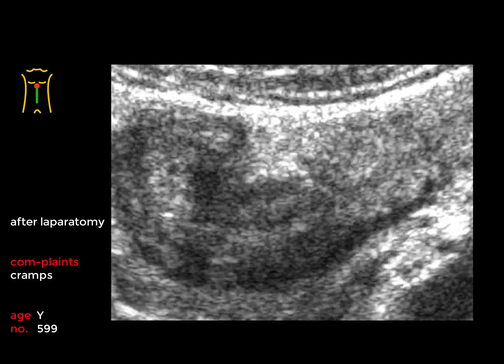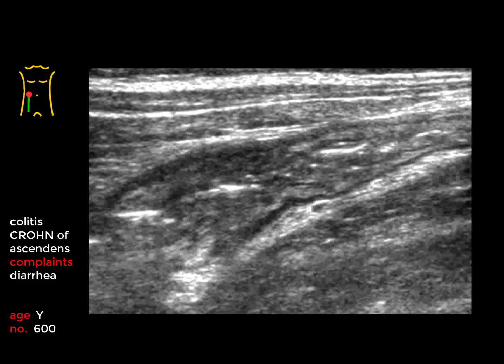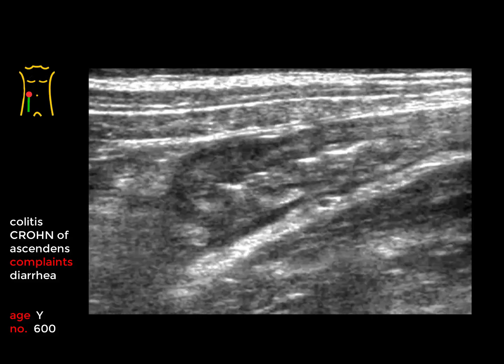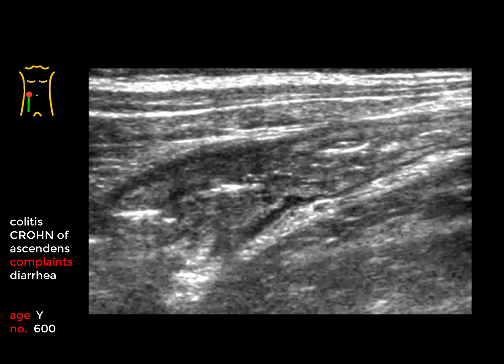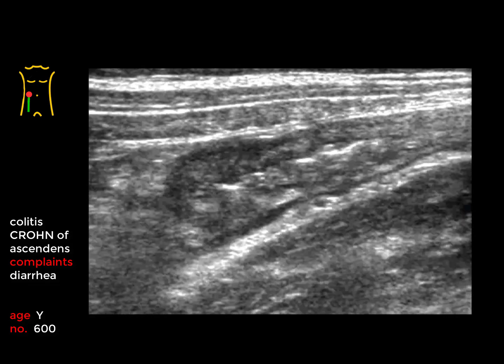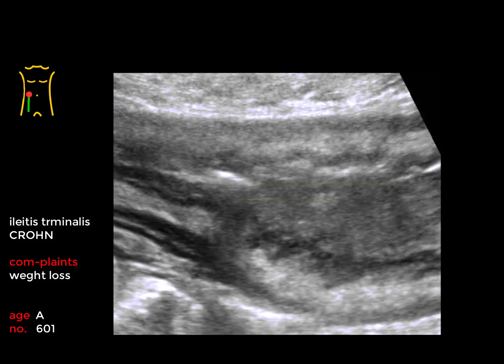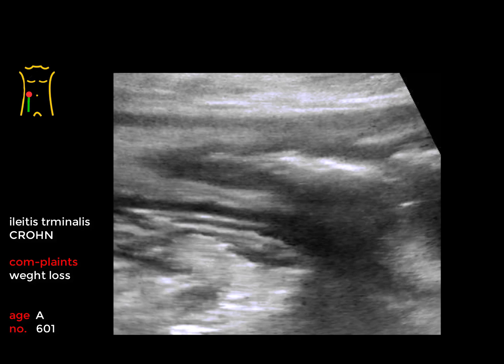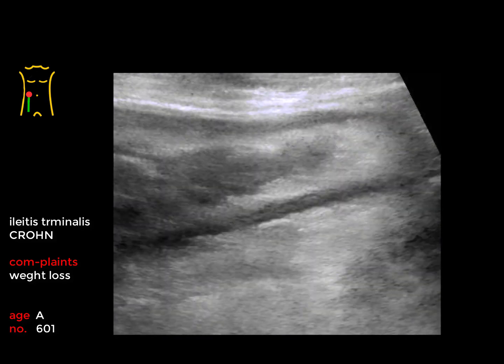An ileus operation had preceded it the other day. This case 600 was classified as Crohn of the ascending colon of high activity. And here in case 601, another severe case of ileitis terminalis with all features already mentioned repeatedly is seen.